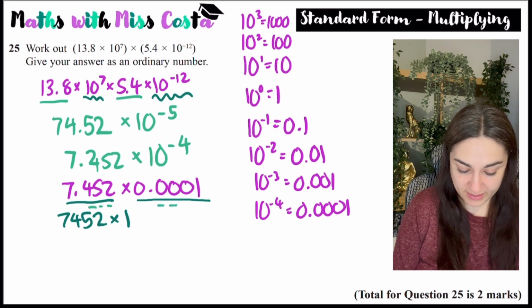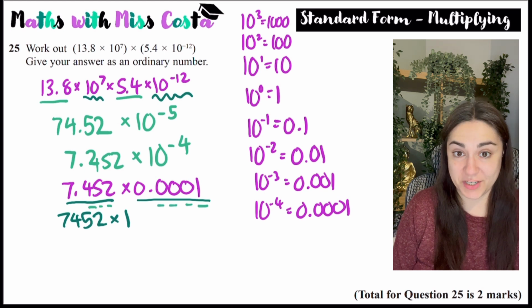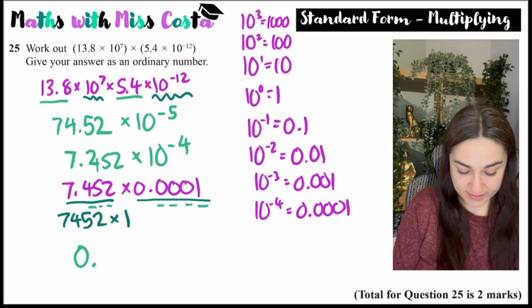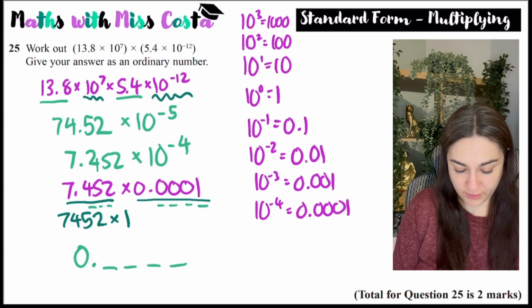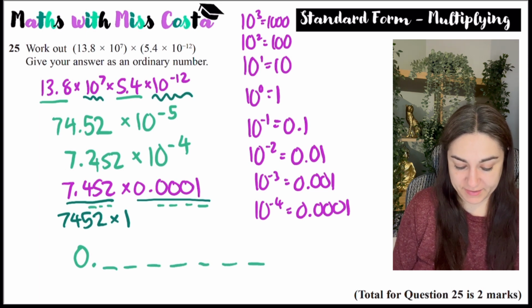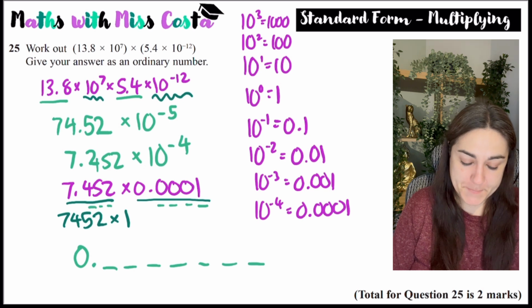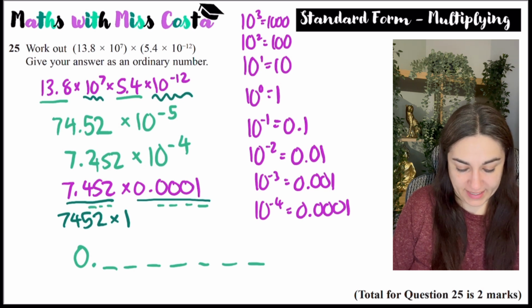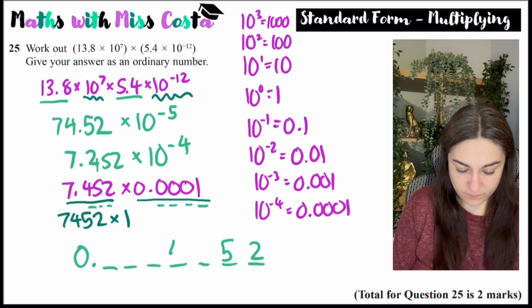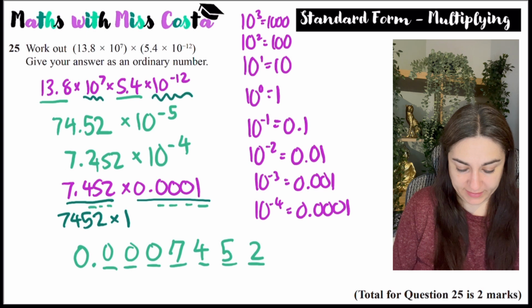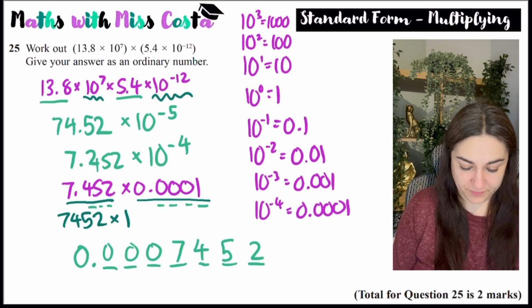So you've got 1, 2, 3, 4, 5, 6, 7 digits after the decimal point. So you know your number is going to have 7 digits after the decimal point. So you can start filling it out from the back, and then you add in the zeros for anywhere in front of it.